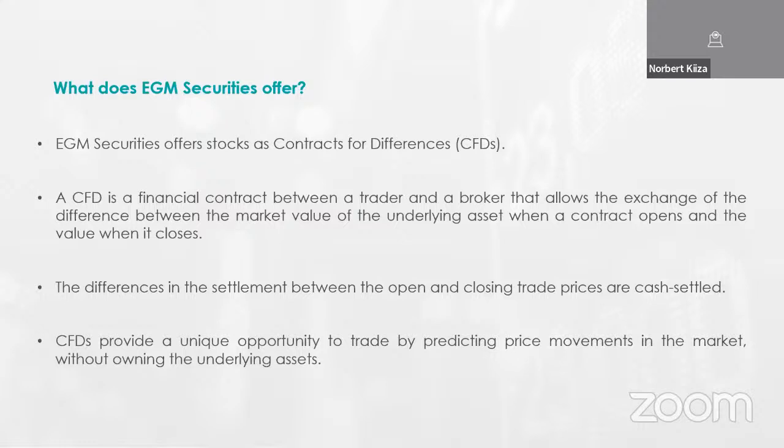It's just an agreement between the broker and the trader that the trader will hold a position in the stock. Then the difference between the amount the trader spends to either buy or sell a particular stock and the price at which the trader will liquidate the contract is what determines whether the trader will make a profit or a loss upon deciding to close the trade.